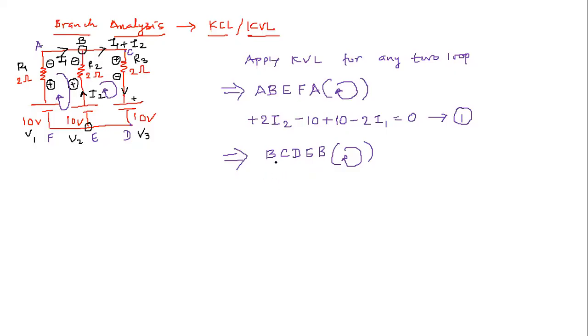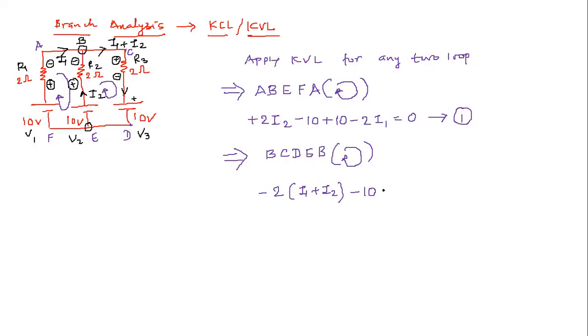So what do I do now? From B to C, I don't see any element. Then I'm going from C to D. What do I see is minus 2I1 plus I2 minus 10, right?